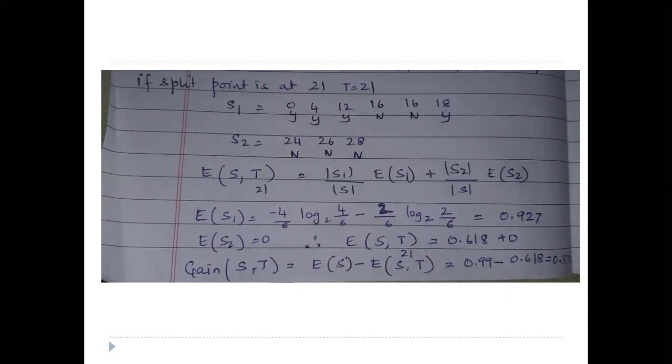But the gain of the set S at the split point of 14 is 0.551. Okay. So here the gain is more at the split 14. So value 14 is the best split, or we can call it the optimum split.